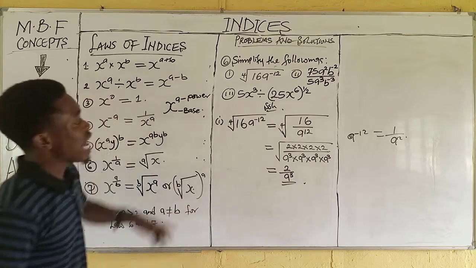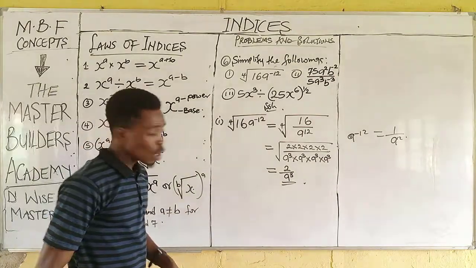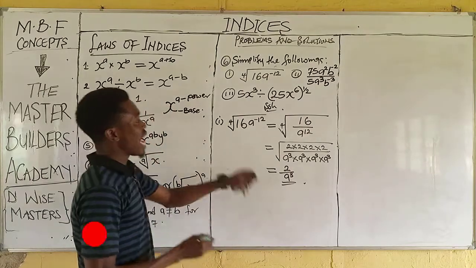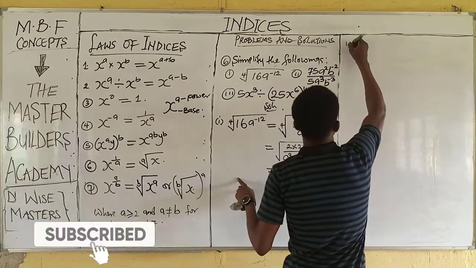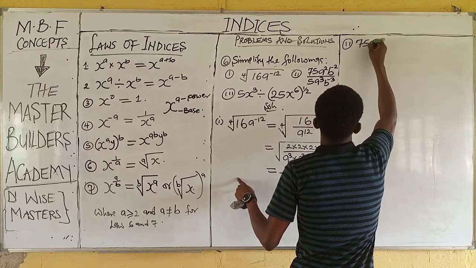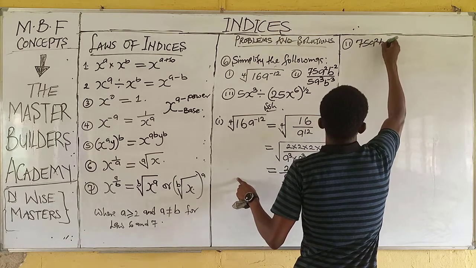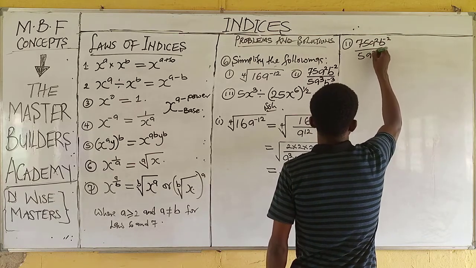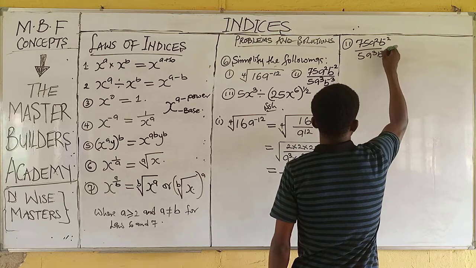Okay. Now we head on to question number 2. Now in question number 2, let's take it to this page. We have 75 a squared b minus 2 all over 5 a cubed b minus 3.